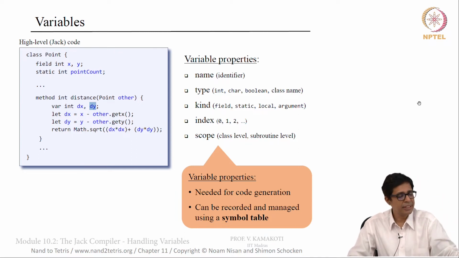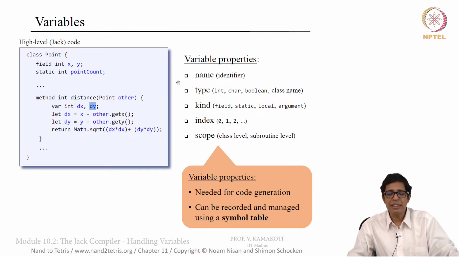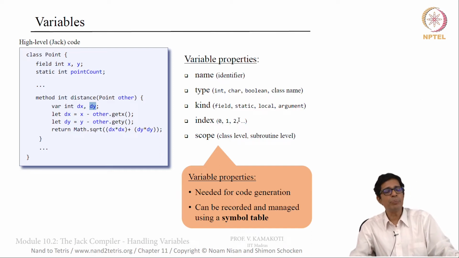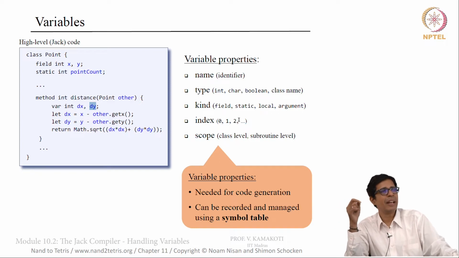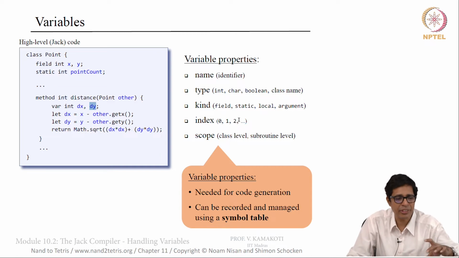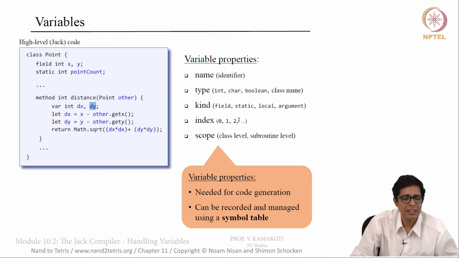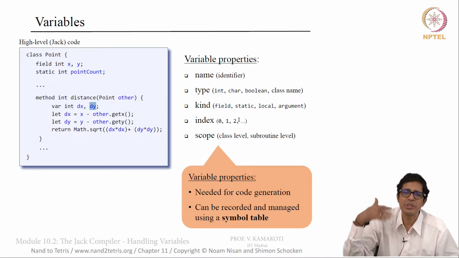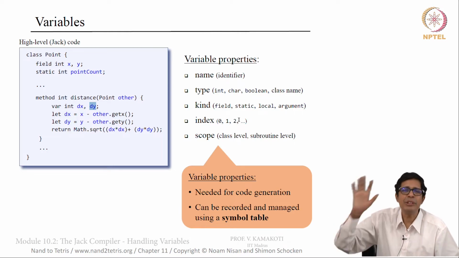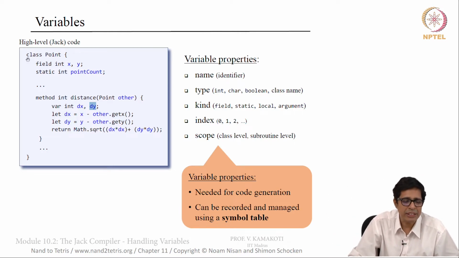So these are the things, and what we do is create something called a symbol table, wherein every variable that we encounter when doing the compilation of a class gets an entry. We create two symbol tables, one for the class, another for the subroutine.